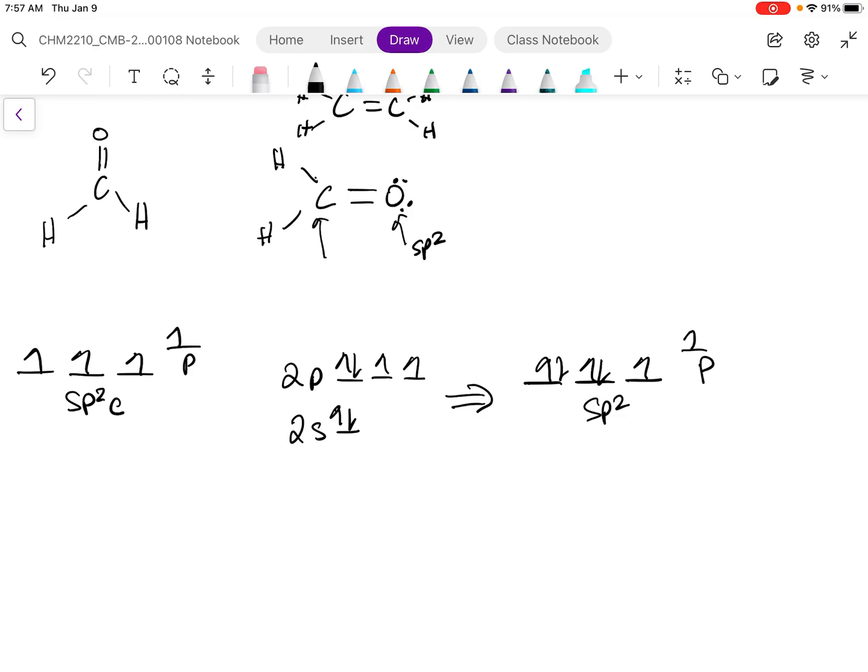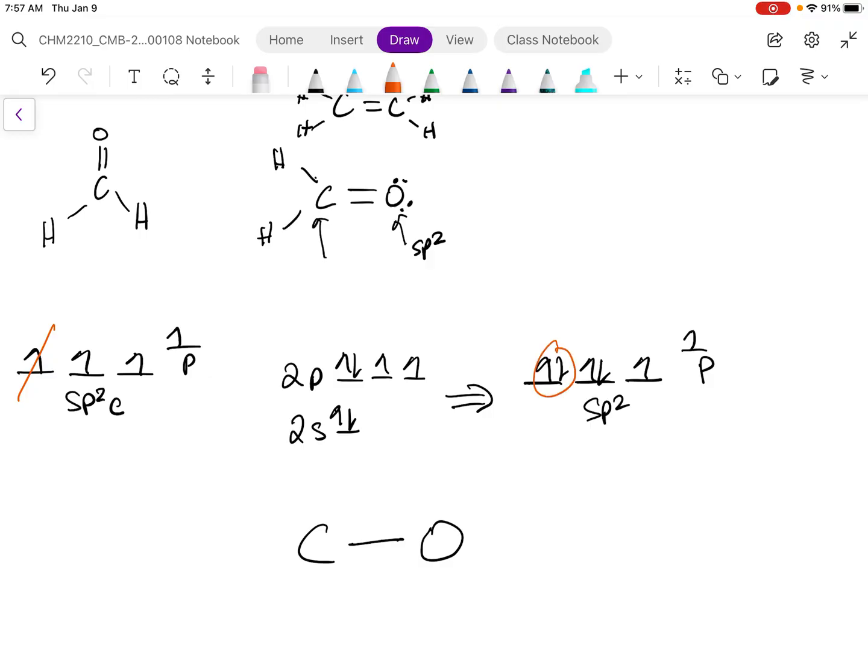So we are forming a bond between the carbon and the oxygen, right? We have a single bond there. What electrons are going to be used? Well, we have to use 1 on the carbon and 1 on the oxygen. Which one am I going to use?